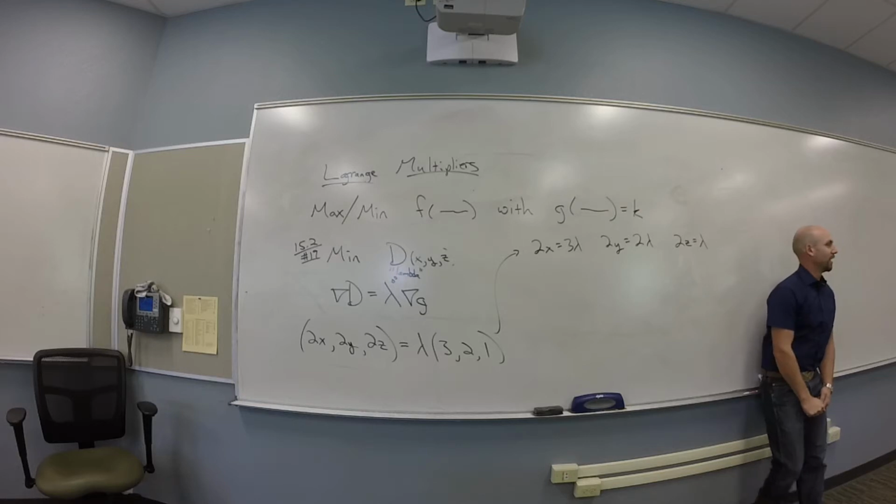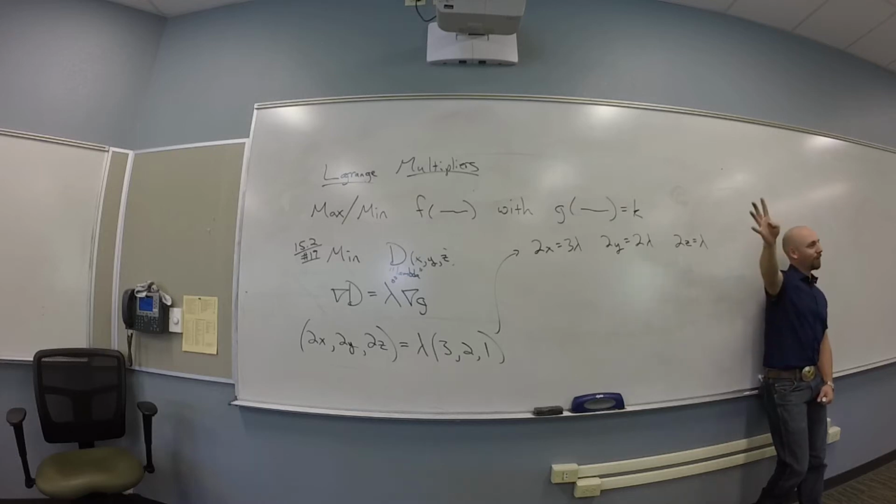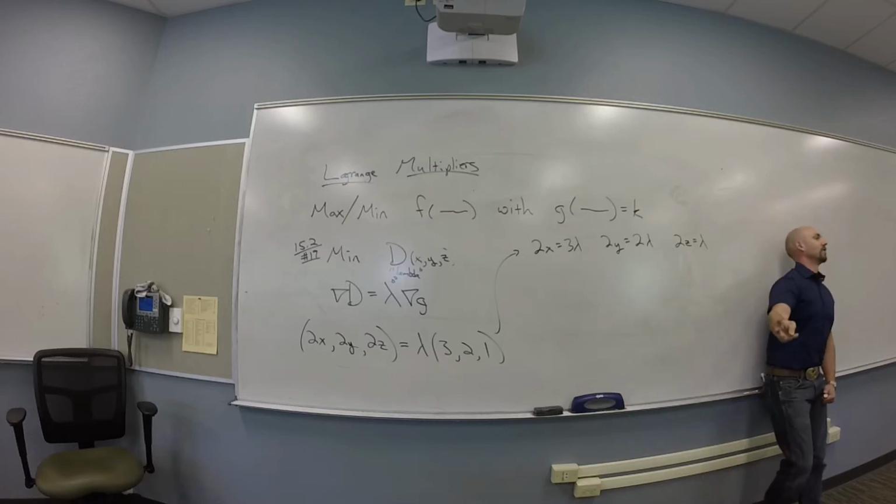Yep. And now we're all wondering, what next? Why does this problem seem broken? Because we have 4 unknowns and 3 equations. Good, you have 4 unknowns and 3 equations. This theory can't work.